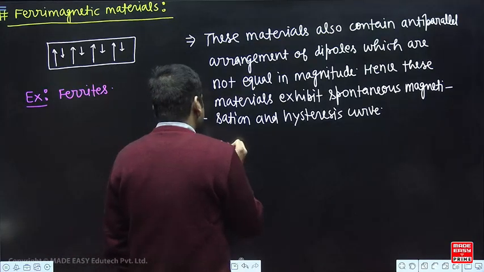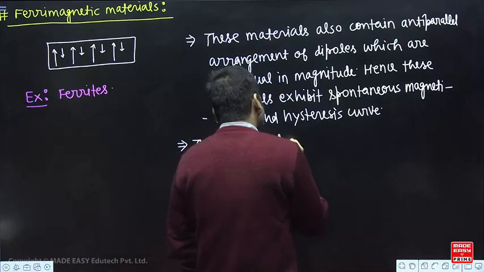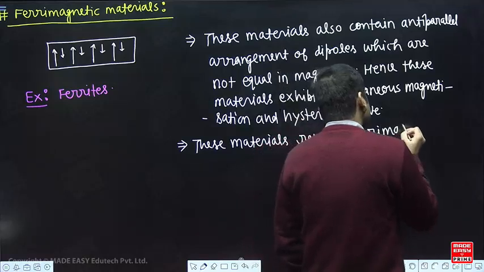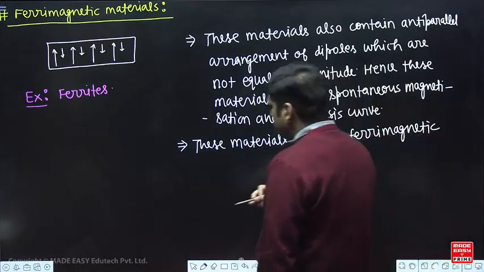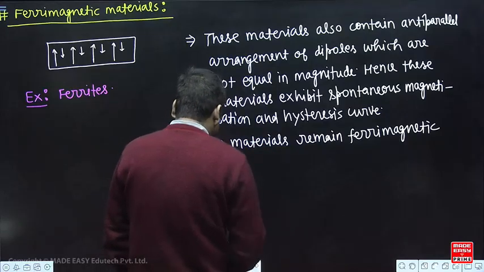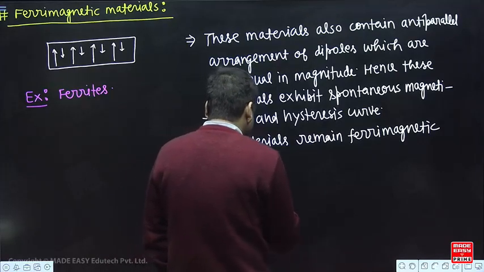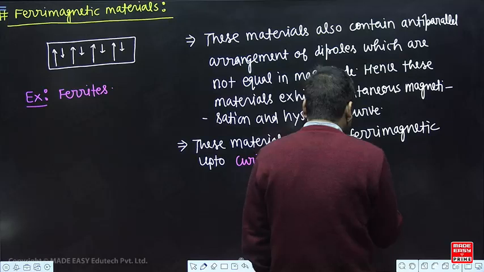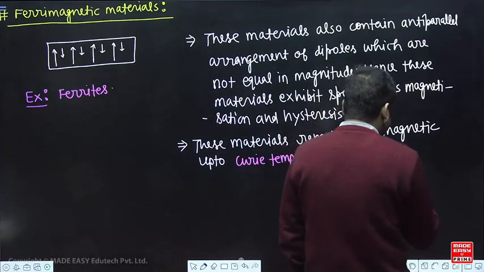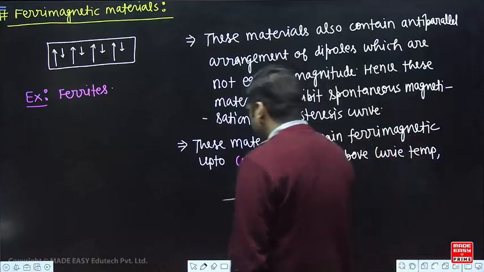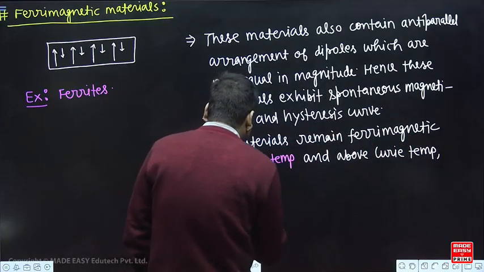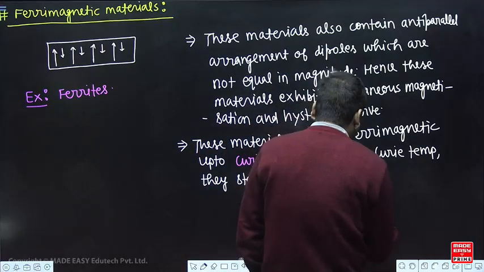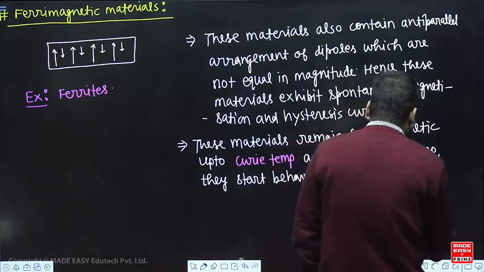These materials remain ferrimagnetic up to Curie temperature, and above Curie temperature, they start behaving like paramagnetic material.